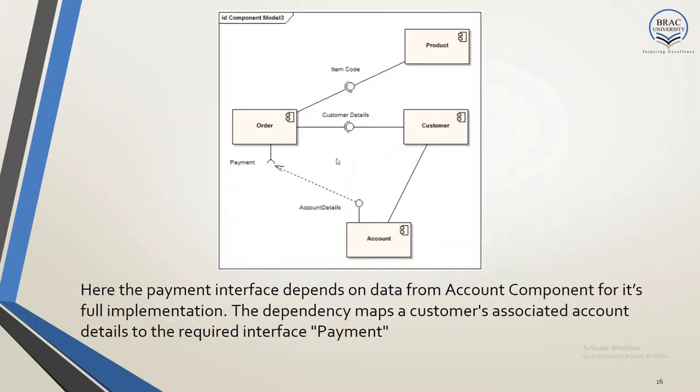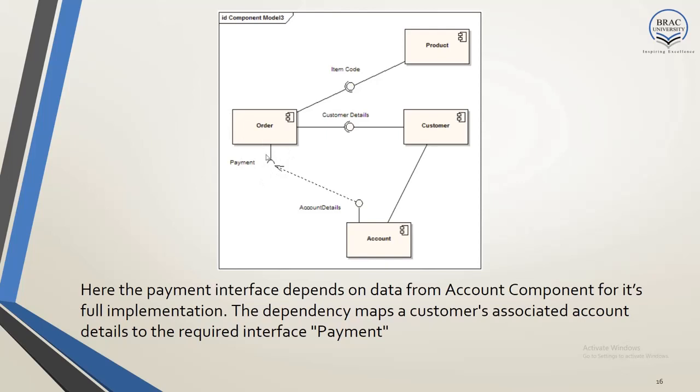Let's look at another example. Over here we can see that the account component is providing an interface called account detail, and the order component is providing an interface called payment. This account detail interface is providing data to the payment interface.